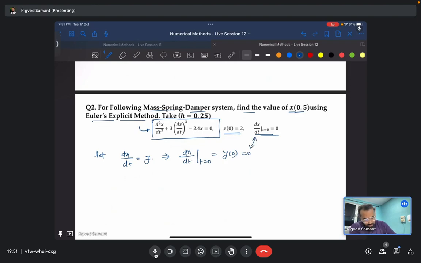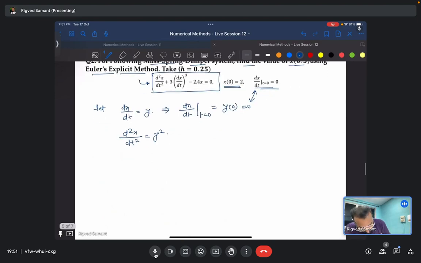It is given here, right? Also d square x by dt square, that would be y square.